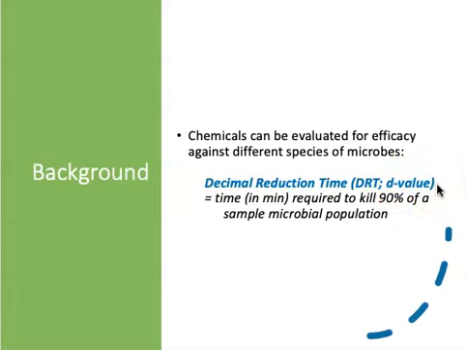Decimal reduction time is the time it takes in minutes to kill 90% of a sample microbial population. So however long it takes when you apply that chemical for 90% of the microbial cells to be killed, that's going to be your decimal reduction time.